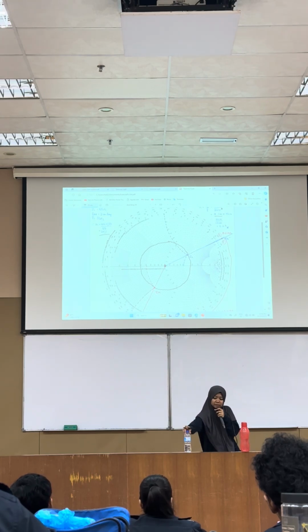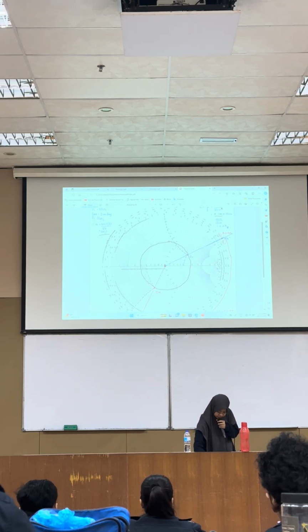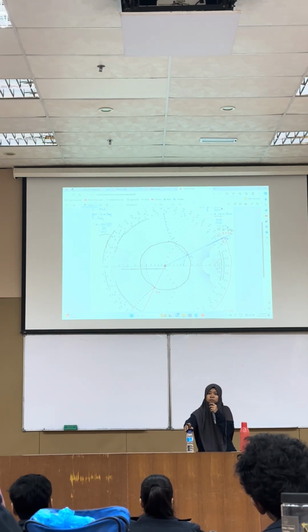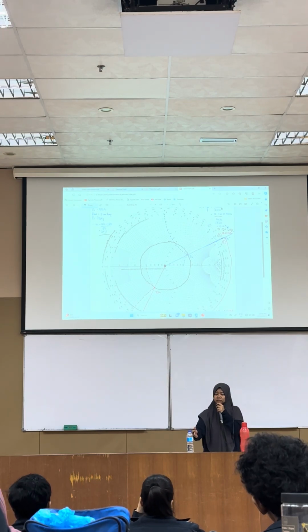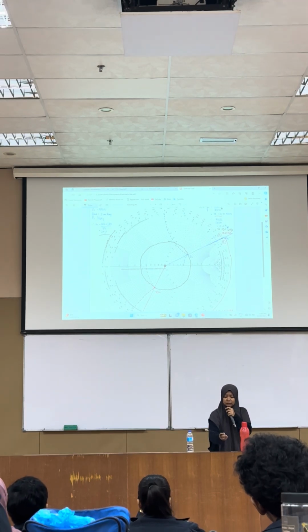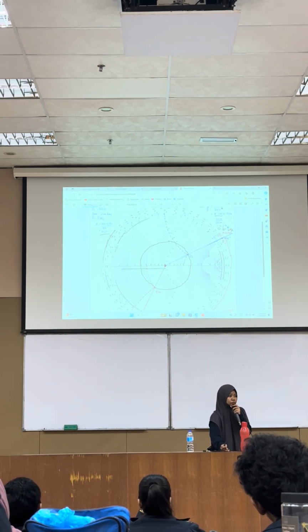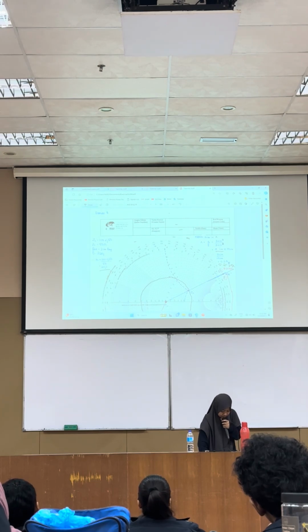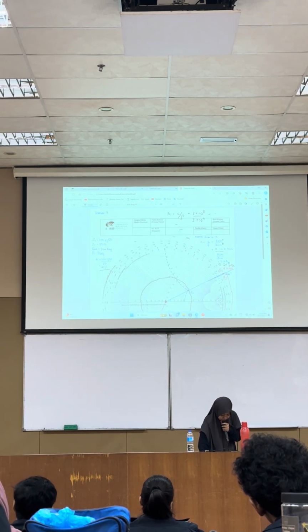Okay, now we know that the ZL is situated at 0.2125 lambda. Kita dah tahu 0.21 lambda is the ZL location. Given the length is 2 cm, how to convert 2 cm to lambda? So we know that C equals lambda F, so lambda equals C over F. So 3 times 10 to the power of 8 divided by 3 times 10 to the power of 9, you get 0.1 meter.